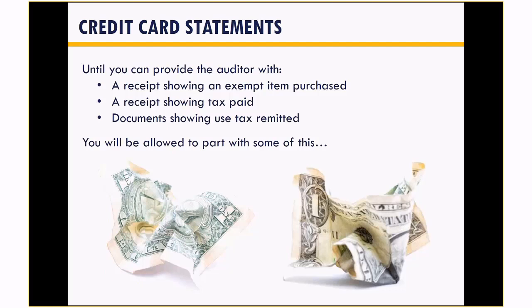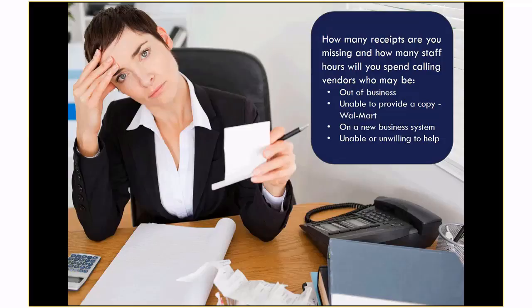Because a credit card statement without supporting invoice copies is a nice list of missing invoices. If you think to those credit card statements, how many receipts are you missing? And how many staff hours will you spend calling vendors who may be out of business, unable to provide a copy?